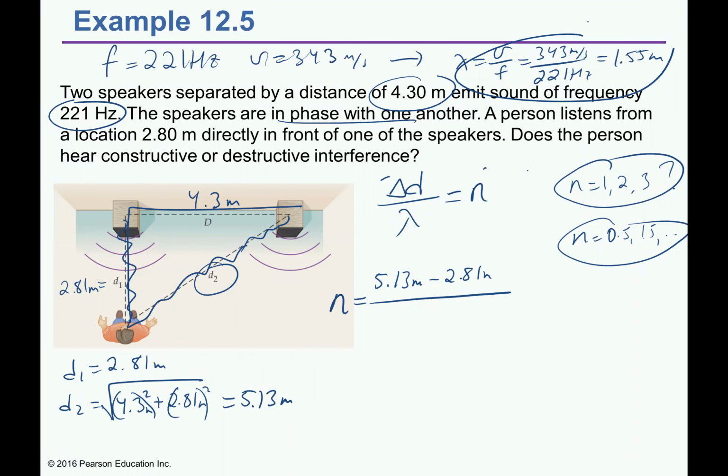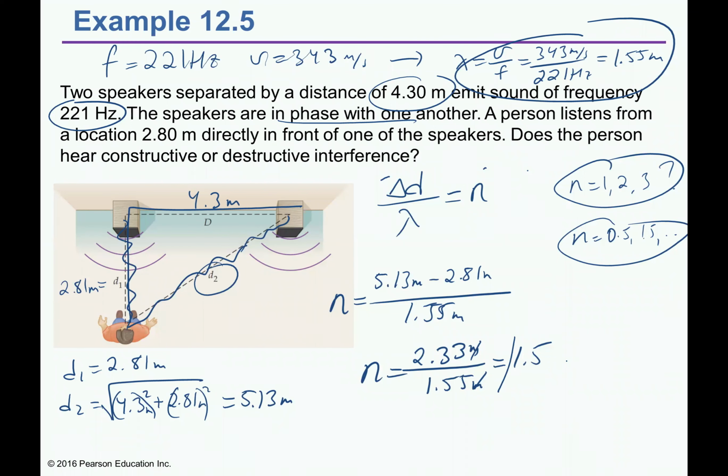Okay. All right, so we got the wavelength, we got the delta D, and then we calculate this. So 1.55 meters for the wavelength, and then we do this calculation. So delta D here is 2.33 meters divided by 1.55 meters. Meters cancel out. Remember, we're going to get the number for N, so we get 1.5.